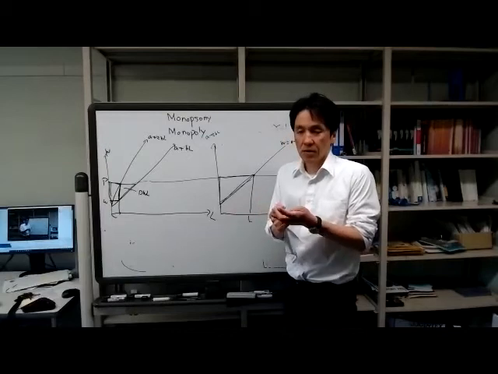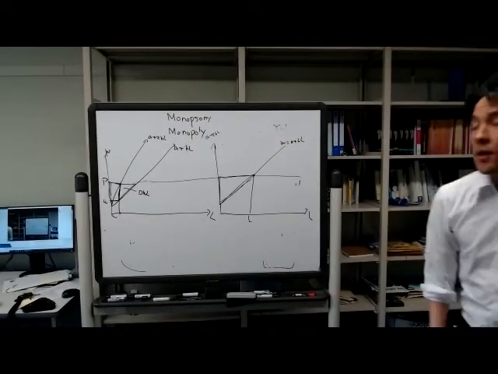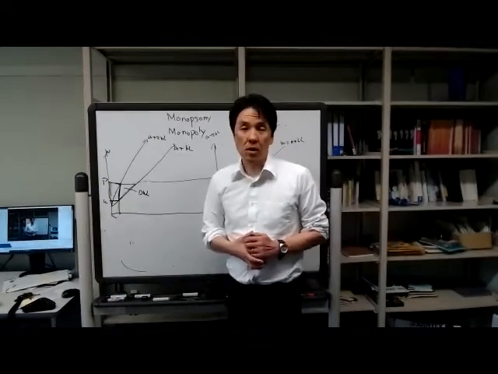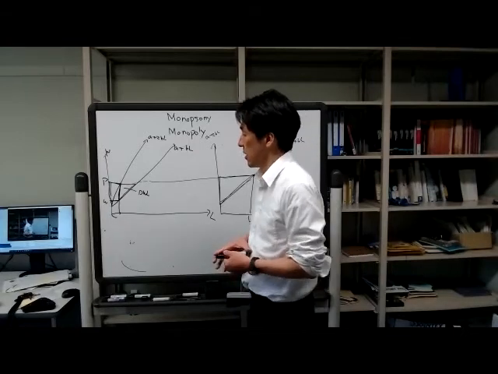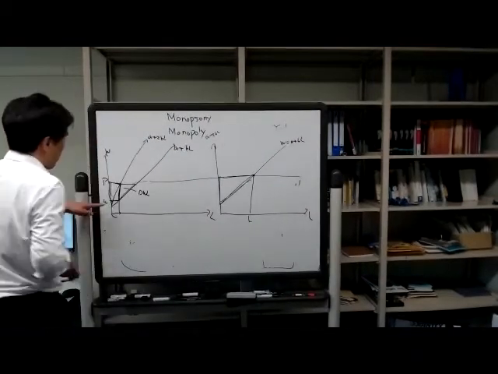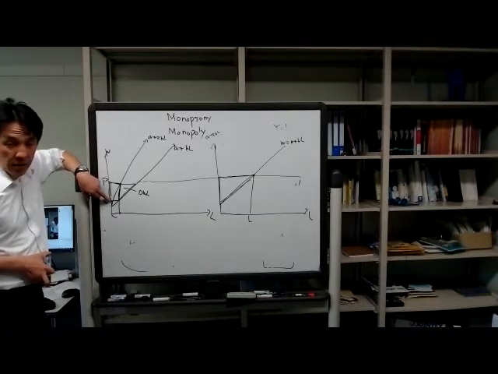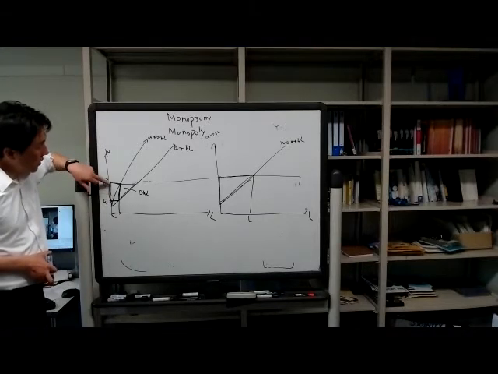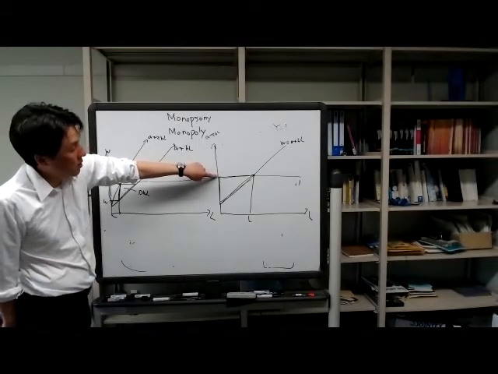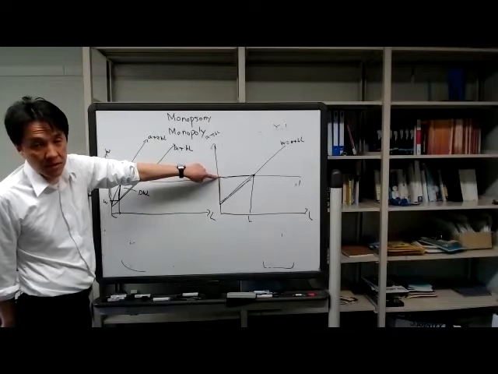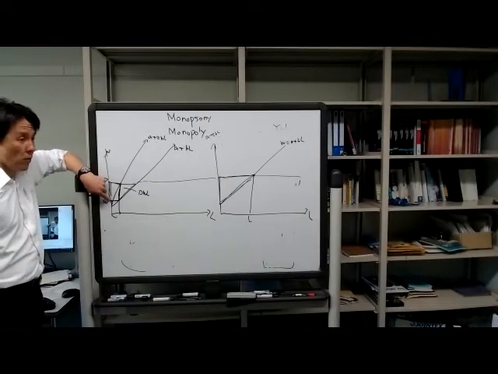Now consider what is going to happen if the government starts to impose a minimum wage. Which means that the company has bargaining power, so the wage rate is very, very small compared to the market wage rate. Remember, this height is the market wage rate when the company doesn't have any bargaining power. This is the wage rate in the monopsony market.